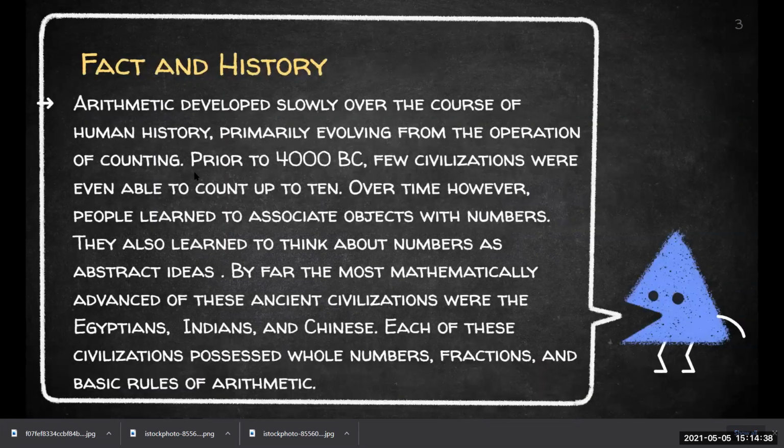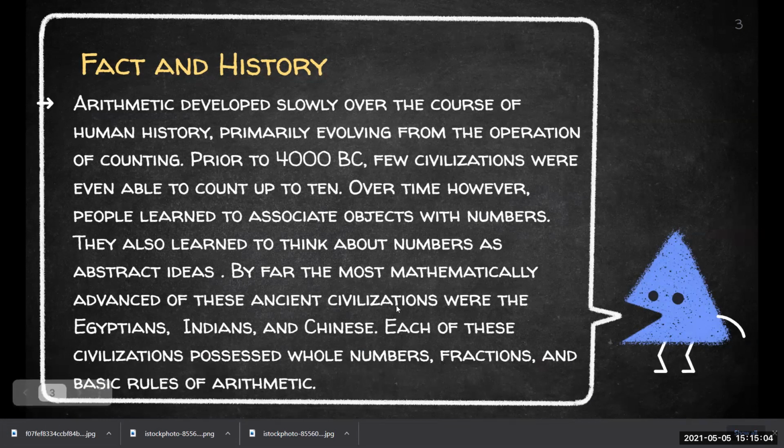So, facts and history of arithmetic: arithmetic developed slowly over the course of human history, primarily evolving from the operation of counting. Prior to 4000 BC, few civilizations were even able to count up to 10. Over time, however, people learned to associate objects with numbers. They also learned to think about numbers as abstract ideas.